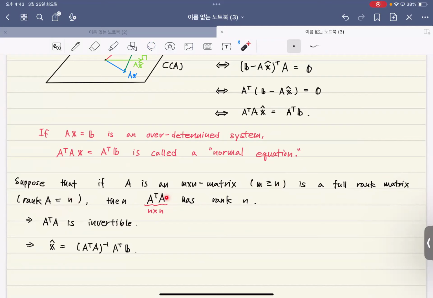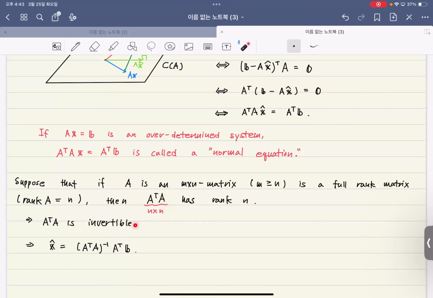And because of our quiz and discussion, even though I have not given you an official proof, if this guy has rank n, then A transpose A must have rank n too. Then this is n by n with rank n. So in other words, this is a non-singular invertible matrix.